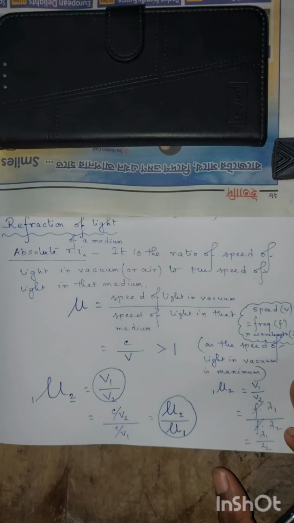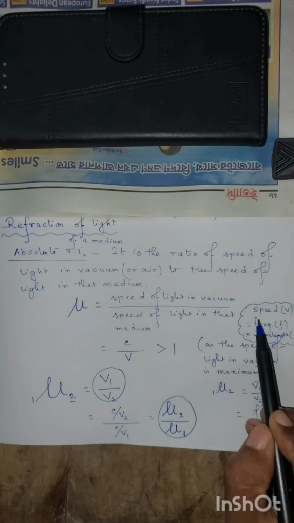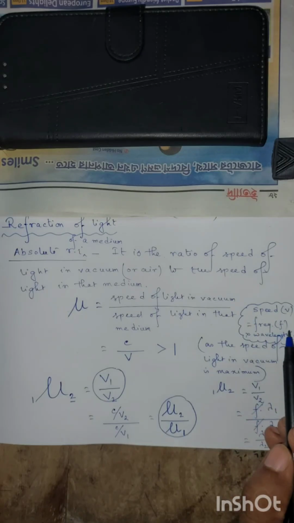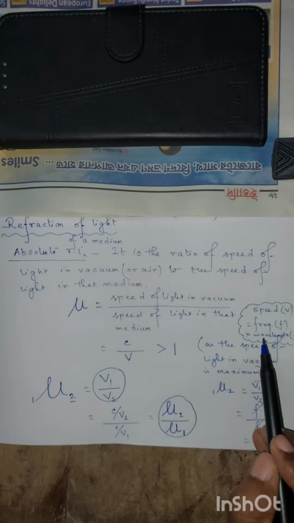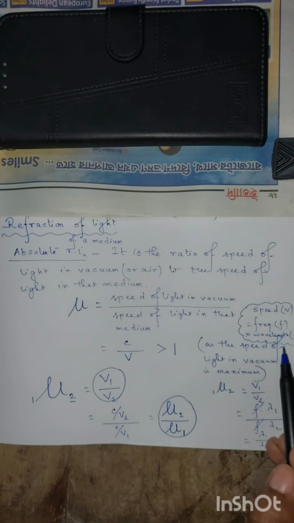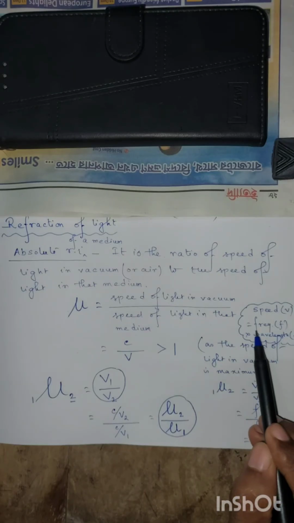So when light goes from one medium to the other, we observe a change in speed. So the change in speed occurs due to the change in wavelength. So when speed changes, frequency remains same. So we can say when speed changes, wavelength also changes.